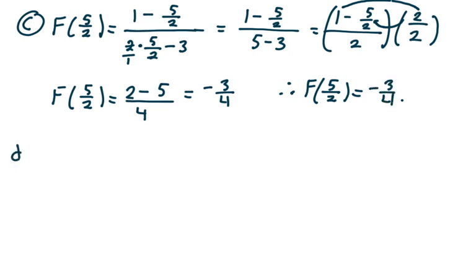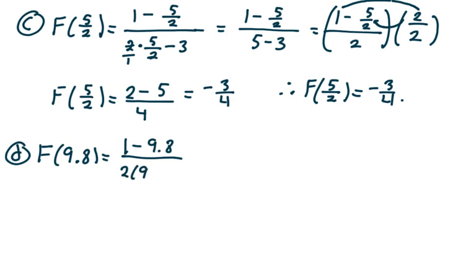And then on D, f of 9.8. So you get 1 minus 9.8 divided by 2 times 9.8 minus 3. Let me write that again. So I get 2 times 9.8 minus 3.